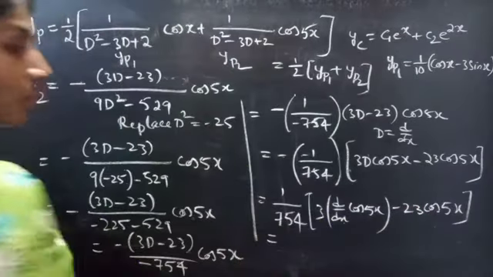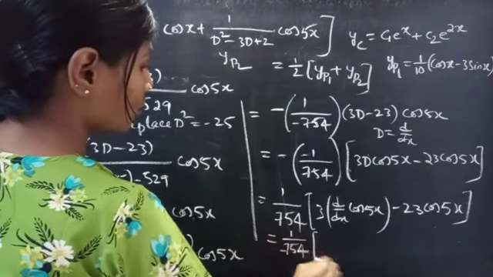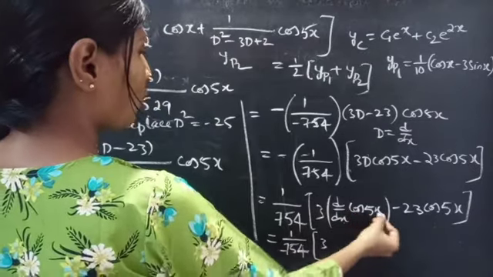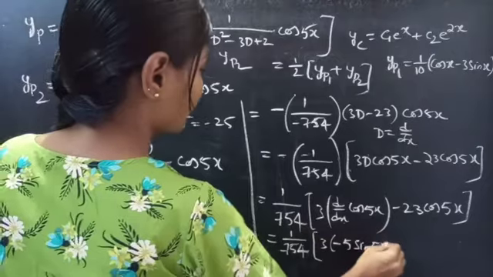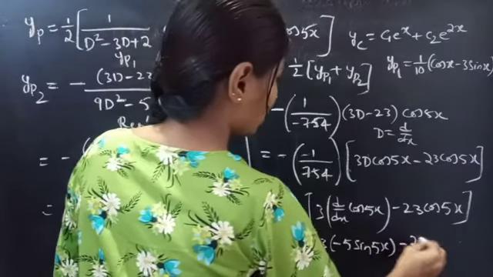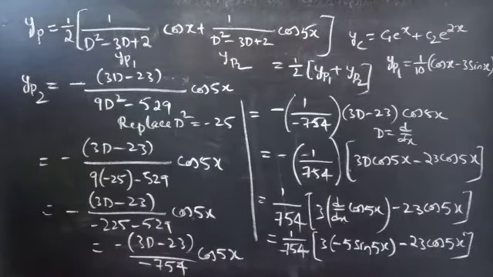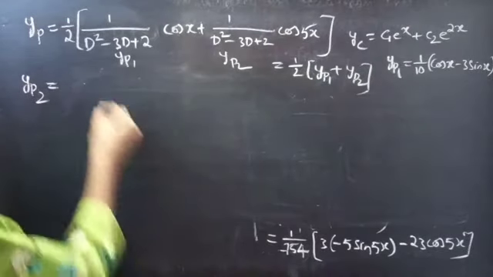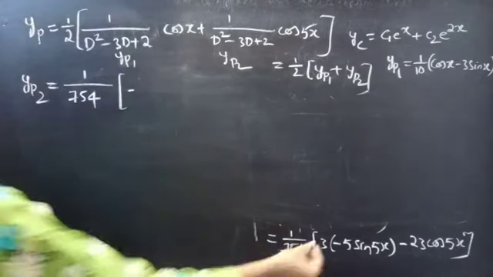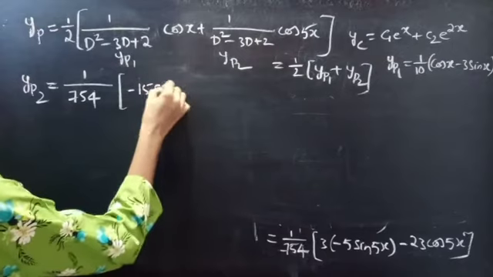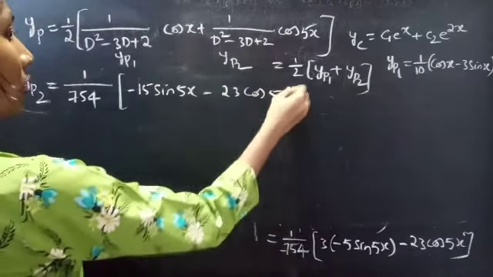We'll get 1 by 754 into 3 into the derivative of cos 5x, which is minus 5 sin 5x, minus 23 cos 5x. Then this becomes 1 by 754 into minus 3 5s are 15 sin 5x minus 23 cos 5x.